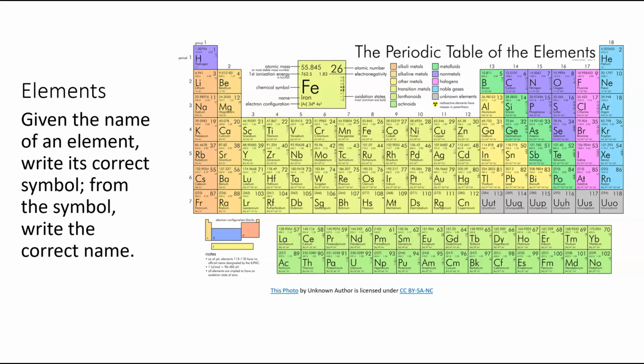As far as what you need to be able to memorize about these elements, if you are given the name of the element, you need to write its correct symbol, and from the symbol write the correct name. For exam 1, this is for elements 1 through 20. Please see the list in your course for any other exams in which elements you would need to know the symbols for.